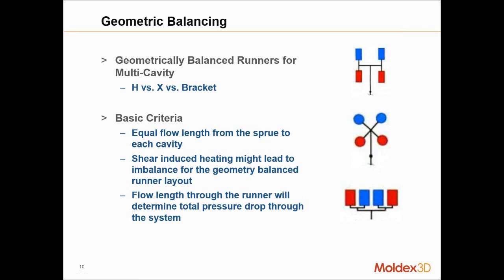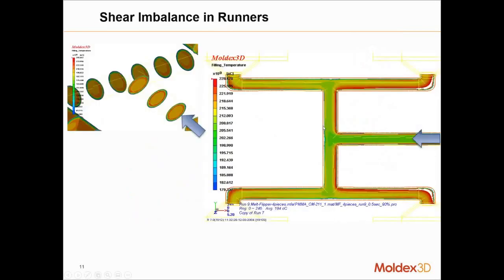All right, so now that we've talked about geometric balancing, we really want to get into shear imbalance. Shear imbalance is what's actually happening on the inside of the runner. We have a nice concentric temperature distribution. In this case it's a cold runner system. The hot runner system will be kind of similar, except for the outside ring here.